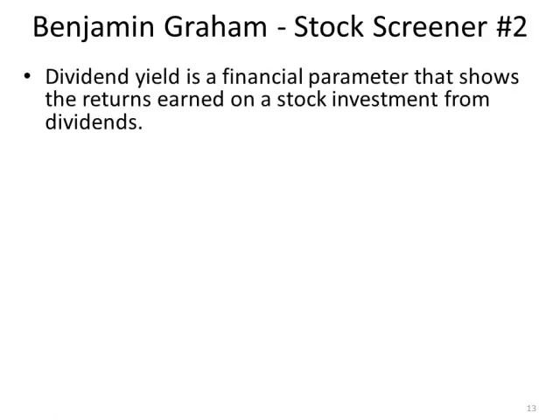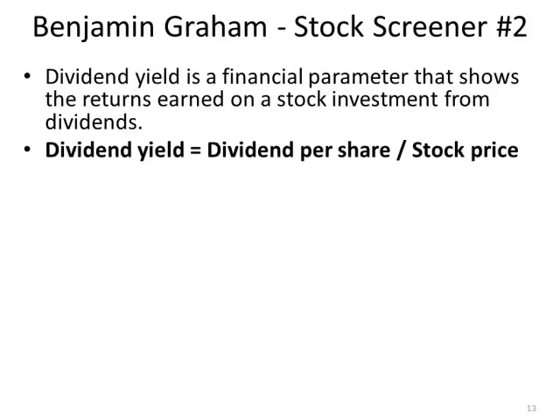So now let's talk a little bit more about the dividend yield and what exactly it means. The dividend yield is a financial parameter that shows the returns earned on a stock investment from the dividends. The way we calculate it is to take the dividend per share and divide it by the stock price. Most companies pay dividends.